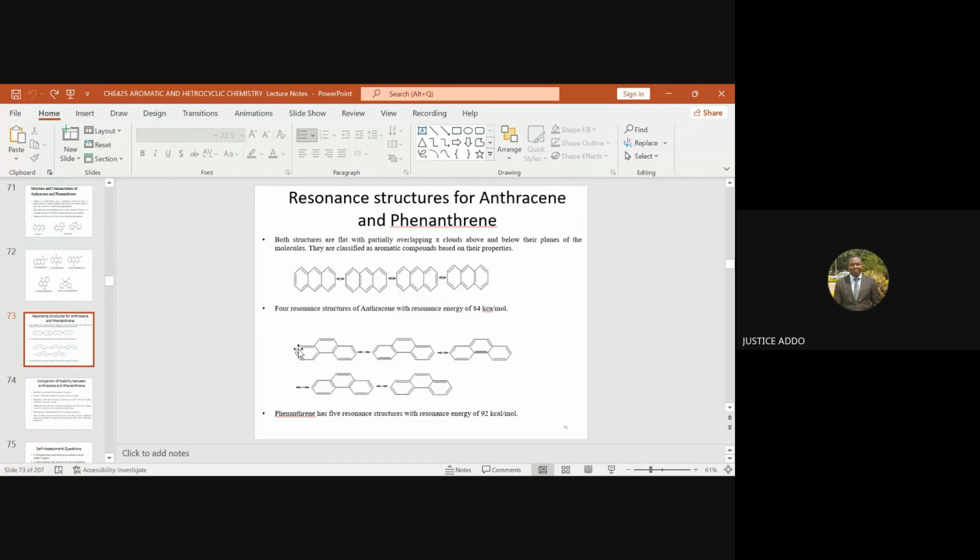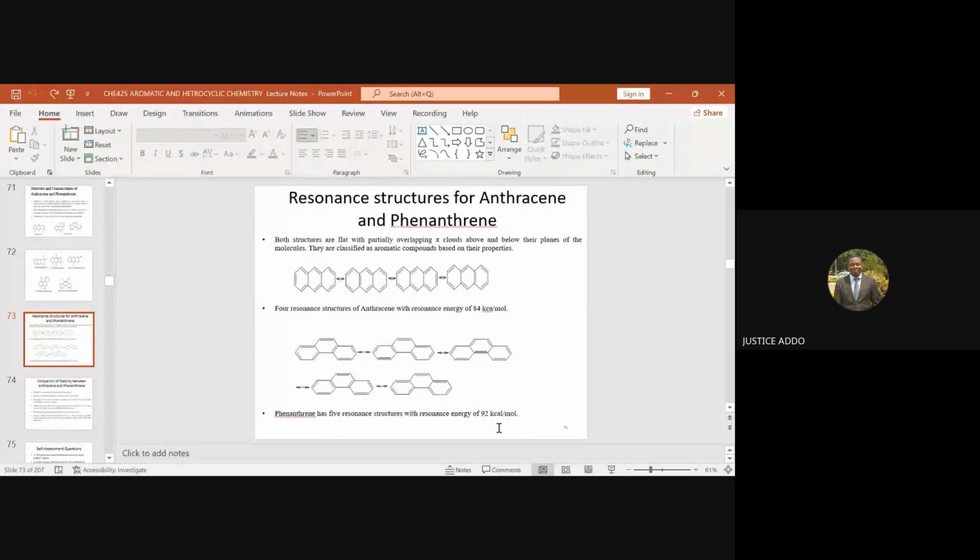In the case of phenanthrene, we have 5. When we talk about the stability of aromatic compounds, one point is that the more canonical forms you have, the more resonance structures you have, the more stable you are. So phenanthrene is more stable than anthracene.